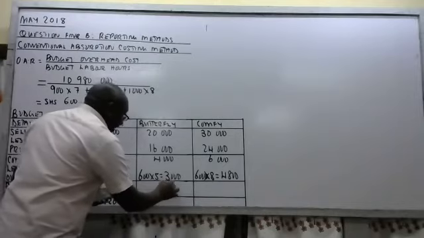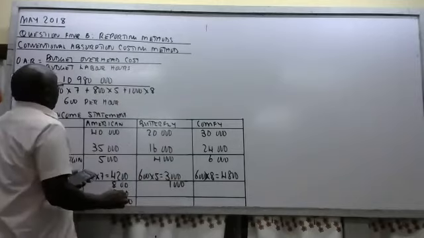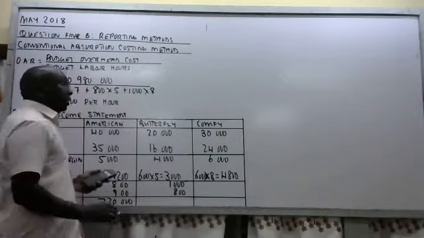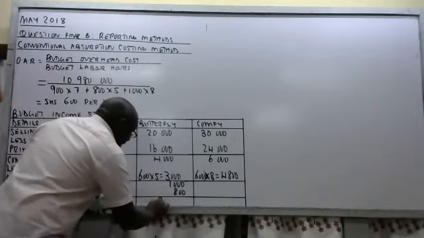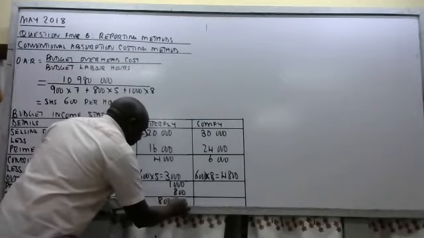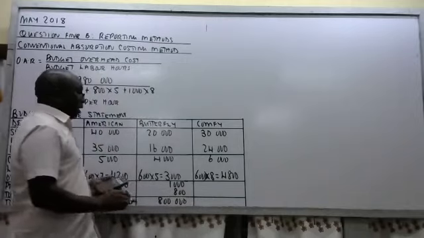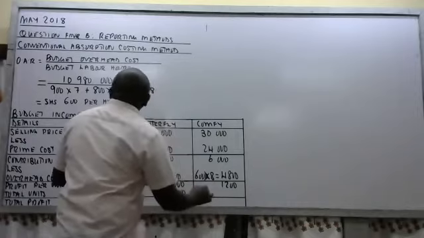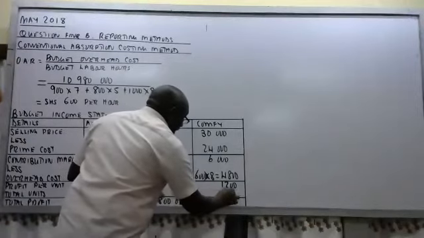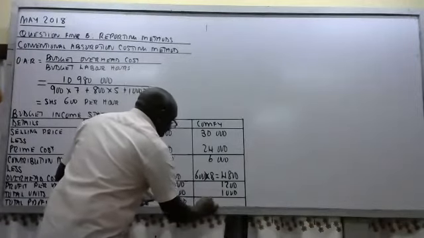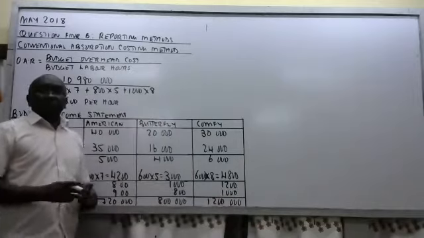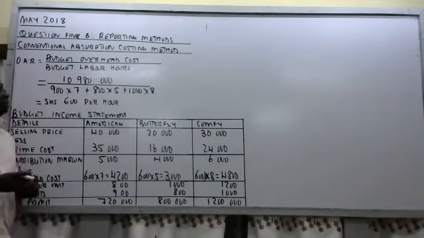Then this one is 1,000 and the units are 800, so this gives you 800,000. Then here the profit is 1,200 and the units are 1,000, so that gives you 1,200,000.